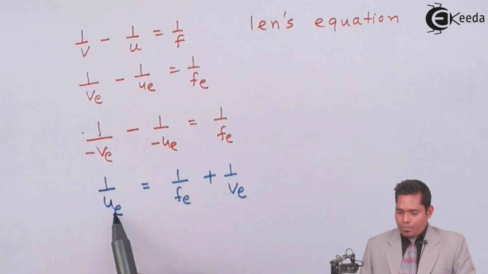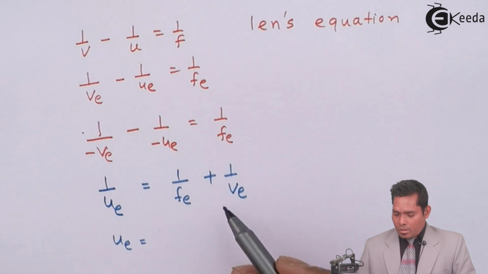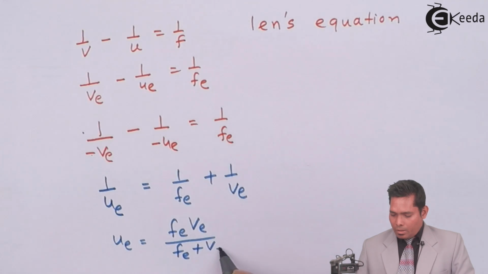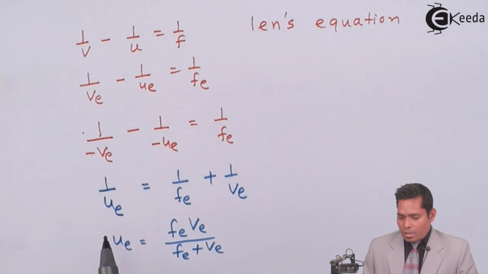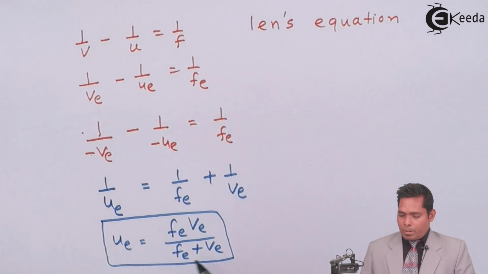So from here I will find UE, and that comes out to be, this is just like product upon sum, so it is FE VE upon FE plus VE. This expression we have to use in place of UE.